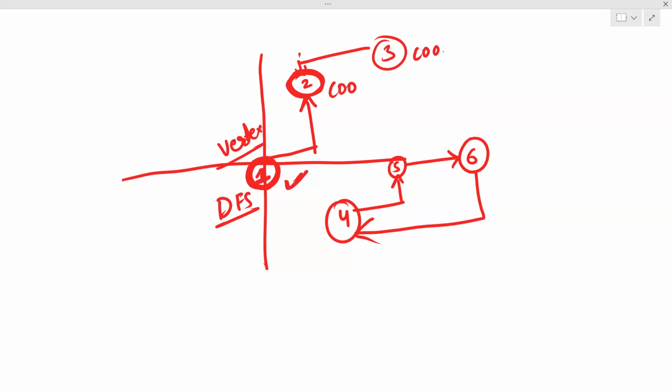But is there any way to find a definite coordinate? Like you only know that with respect to 4, 5 is 2 units to the right and 1 unit at the top, like he's 1 unit above 4. But using only these values, you cannot tell the coordinate of this and this, right? So for these 3, your answer will be undefined, and for these 3, you can find your answer using simple DFS. Is this making sense?